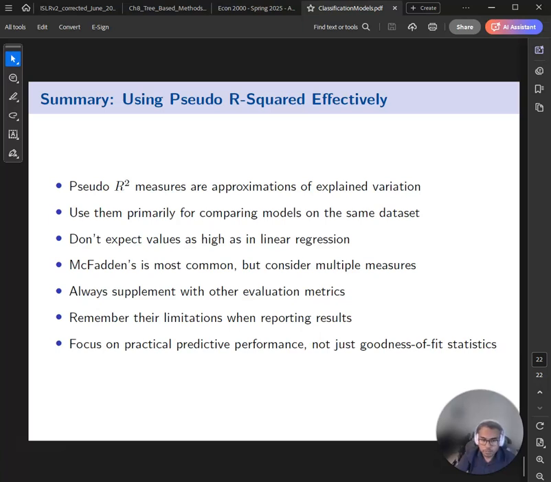You should not expect pseudo R-squared with very high numbers. And while McFadden's R-squared is the most commonly used, it can be helpful to consider multiple measures for consistency.